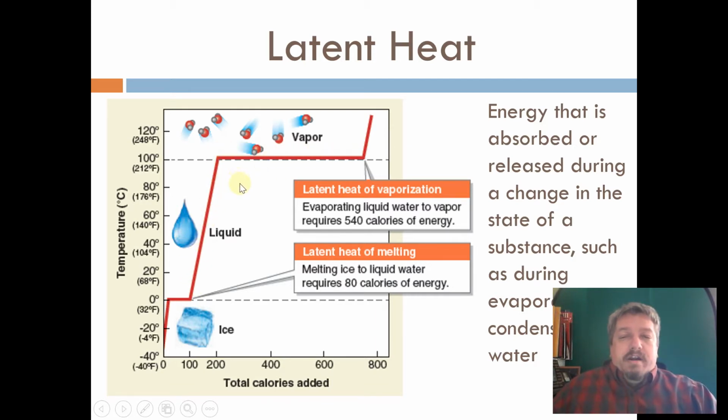To make water go from a liquid state to a vapor state, to make that kind of leap between states of matter, you need to break those hydrogen bonds. You need an extra push of energy just to kind of get it over the edge. So instead of 1 degree to go from 100 degrees to 101, you need 540 calories, or an extra boost, like you're stomping on the gas pedal to get going.